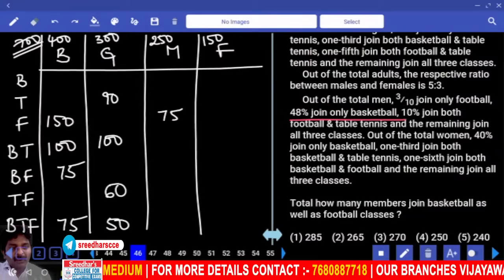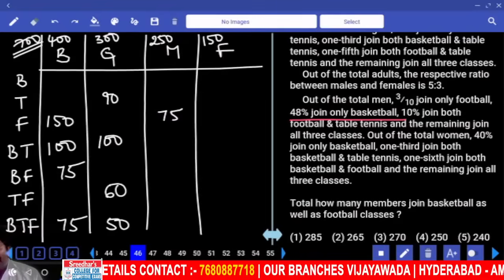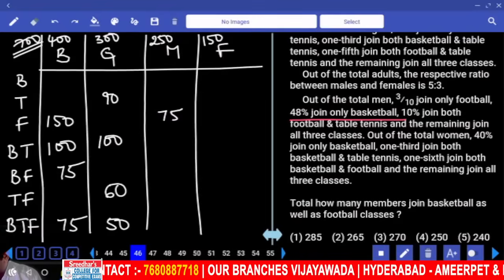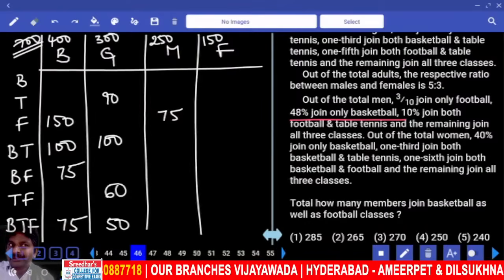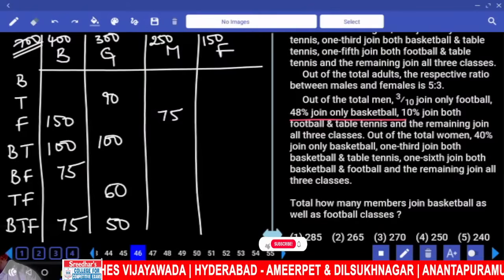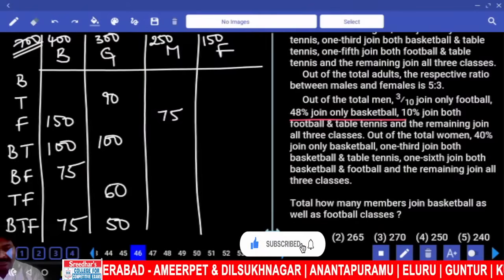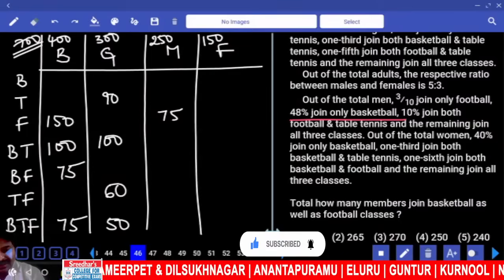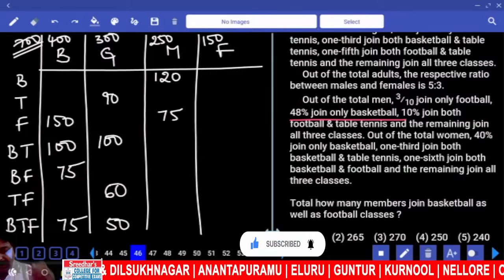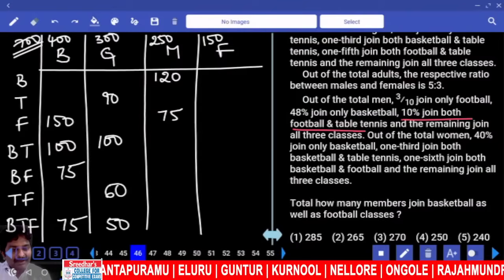48% join only basketball. 48% calculated on 250. 48% of 250, that is 25% of 480, 1/4, 120. Only basketball, 120. 10% join both football and table tennis.